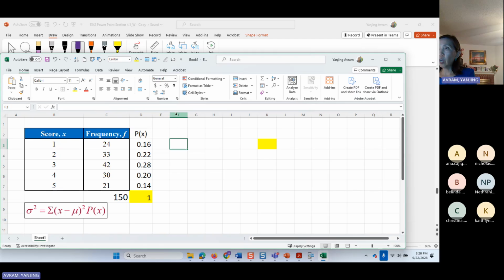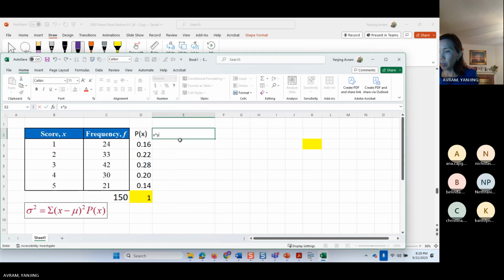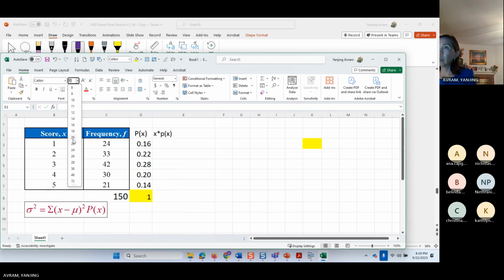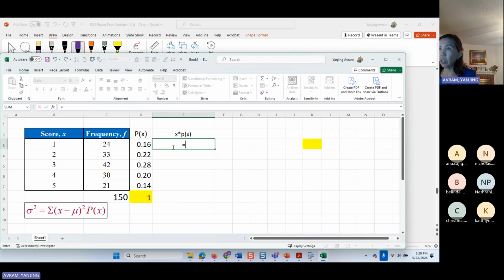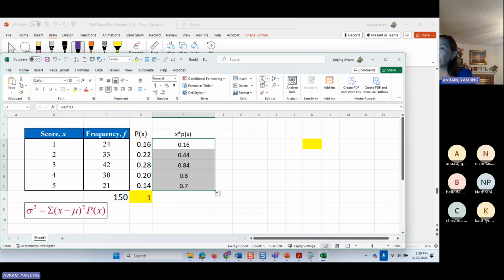So we need x times p of x, so we have 1 times 0.16, and then the rest will all be multiplied, and then I will add them together.